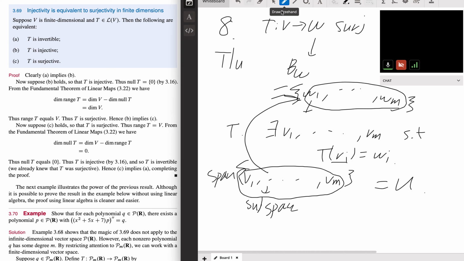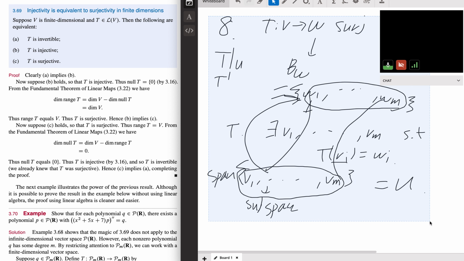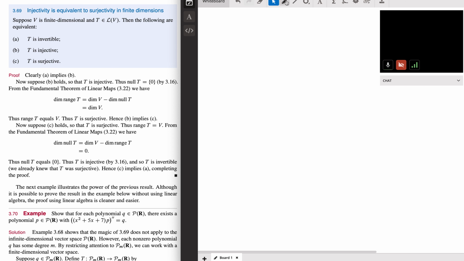But inverting it wouldn't be a difficult task, because you would just say T brings V1 to W1 and so on, and you can bring out such an inverse. Then it becomes irrefutable. Anything inside U and inside the range of T must appear as a linear combination of W's and V's, and once you map each W to each V, the invertibility becomes a lot clearer.